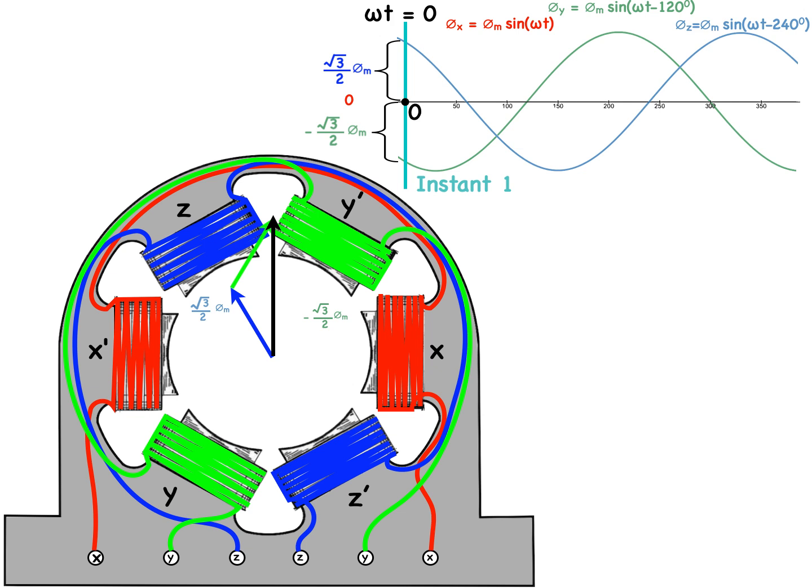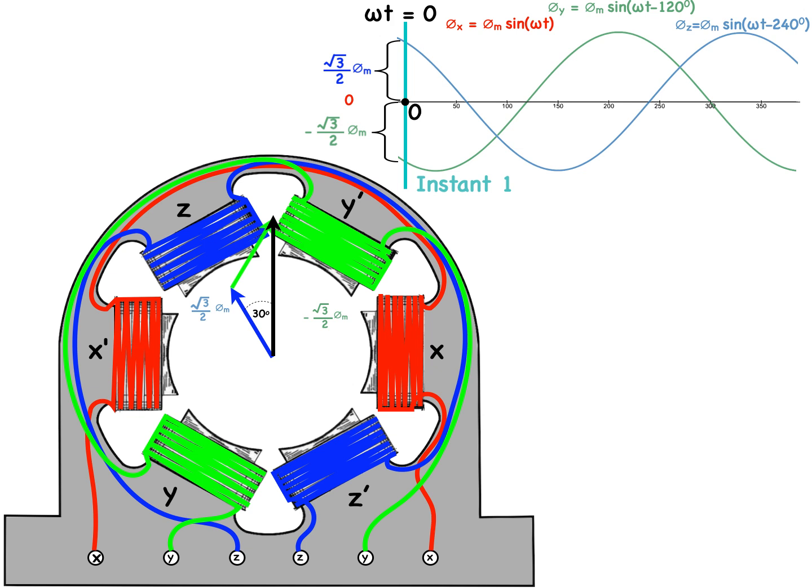And we know that the coils are separated by 120 degrees and that the magnitude of the green phasor and blue phasor are equal. So that means the angle between the resultant and the blue phase must be 30 degrees.